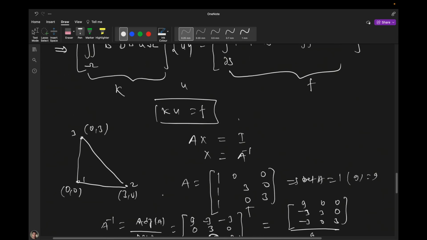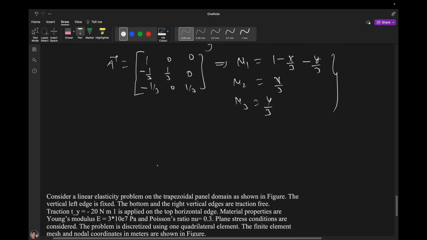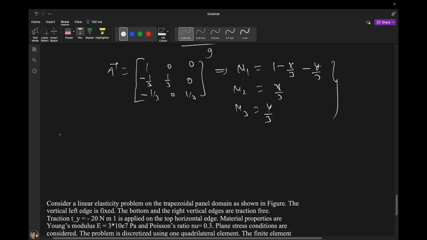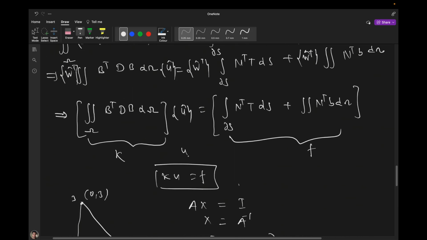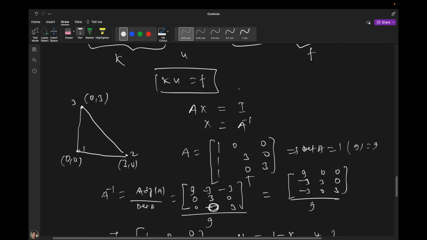Now what will be the B? So based on that, what will be the B? Okay, now we can use our code directly and we can solve the problem. Okay, so let's move to the MATLAB program.